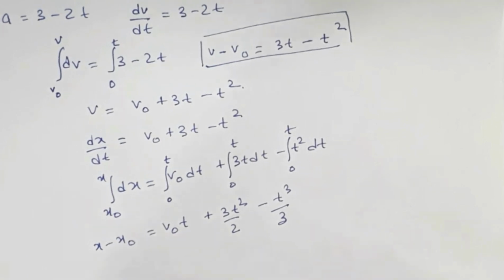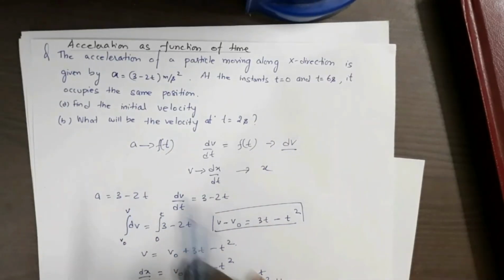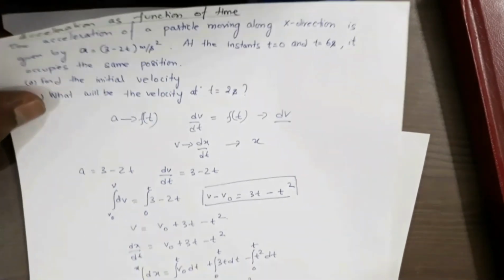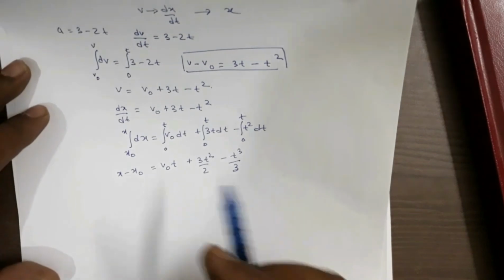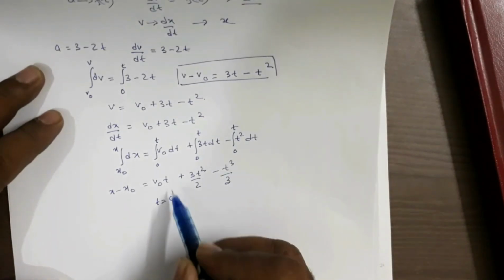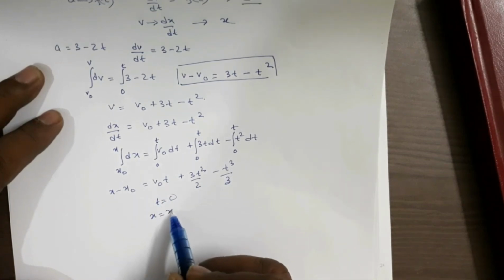Now as given in the question, at t equal to 0 and t equal to 6 second, it occupies the same position. So let us use that condition over here. If we substitute t equal to 0, this becomes 0, this becomes 0 and this becomes 0. So we have x equal to x naught.